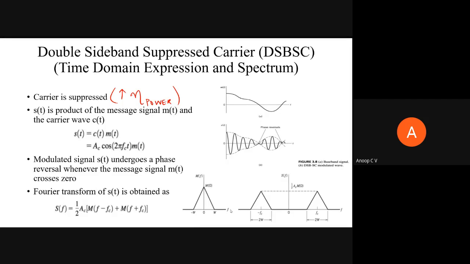It is not necessary that the spectrum of a real valued baseband signal should always look like a triangle. It can be anything. We don't know what exactly this signal m(t) is, so we are assuming the spectrum is of this shape. That's it. Now you can just type in the chat window if you want me to discuss how the spectrum came, just type yes or no.